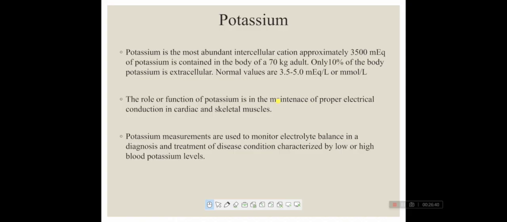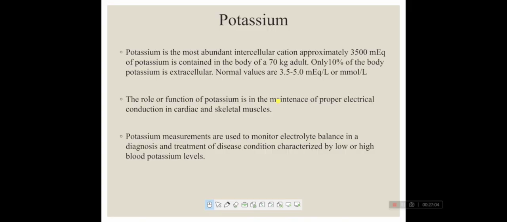Now talking about potassium. Potassium is also a mineral, and it is the most abundant intracellular cation. Approximately 3500 milliequivalents of potassium are present in the average 70 kg adult. Only 10% of the body's potassium is extracellular. So what is the role of potassium?